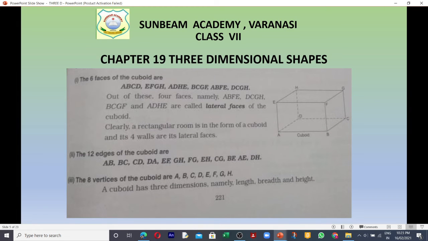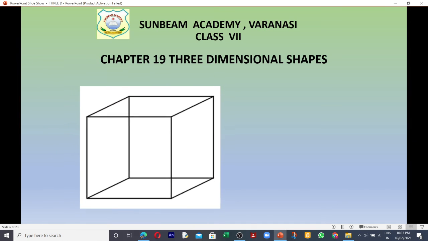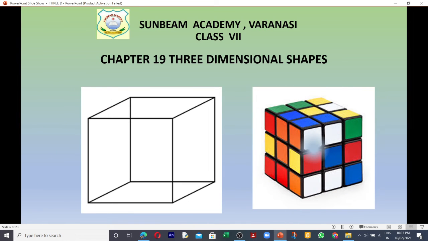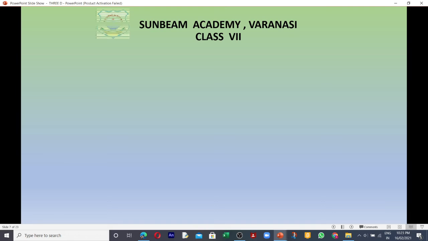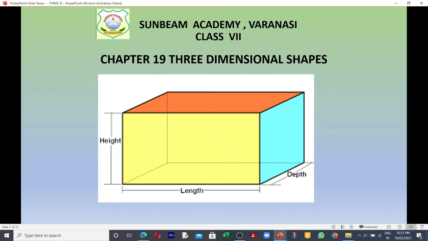See, they have shown you what are the faces of this particular cuboid. This is cube. See the example. This is cuboid. Length, breadth and height is there.